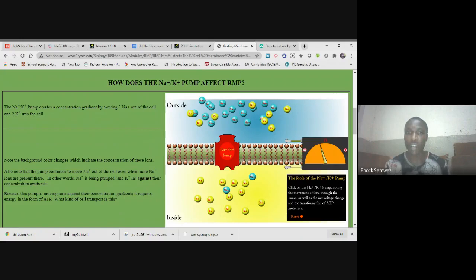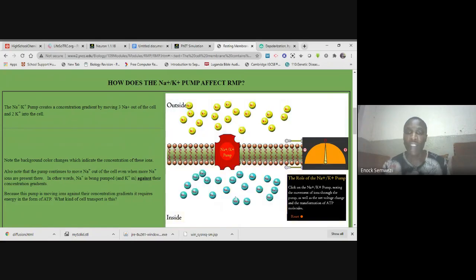And we find that the sodium potassium pump always pumps ions against their concentration gradient. What do I mean? In other words, the side which has more ions is the one which receives more ions. Just like in this case, we have sodium ions in the inside, very many of them, and very few outside.